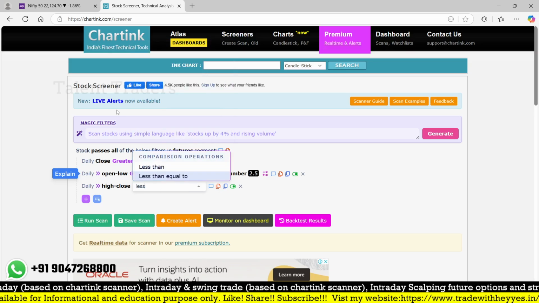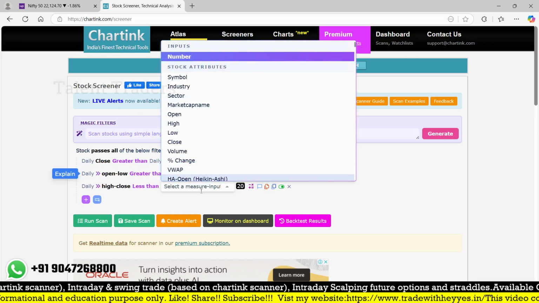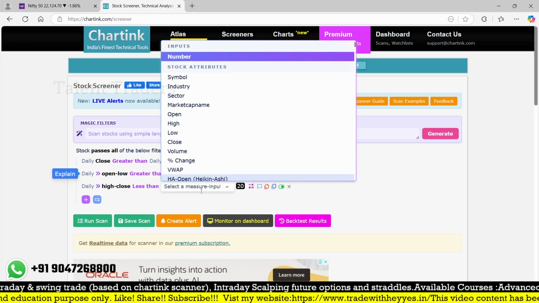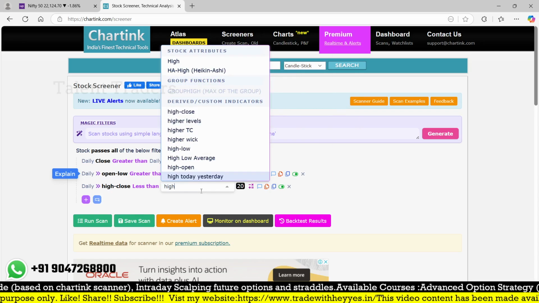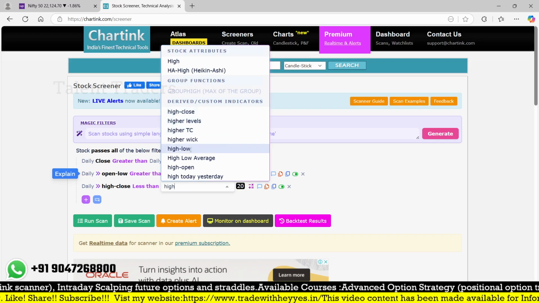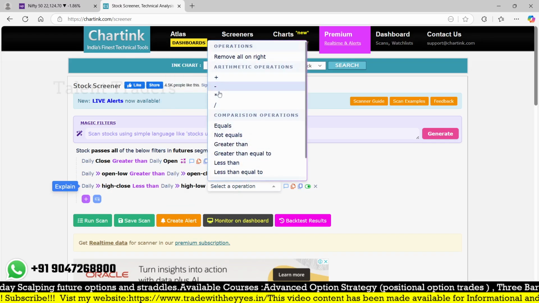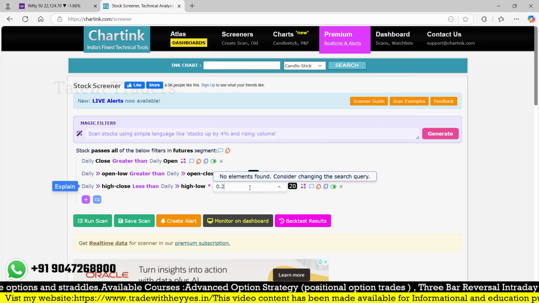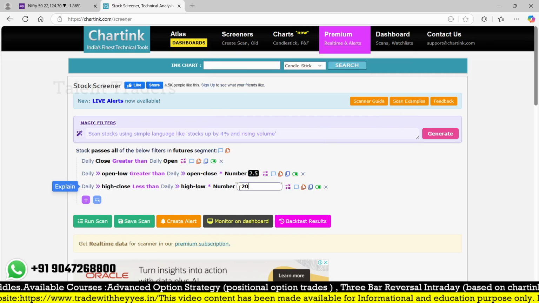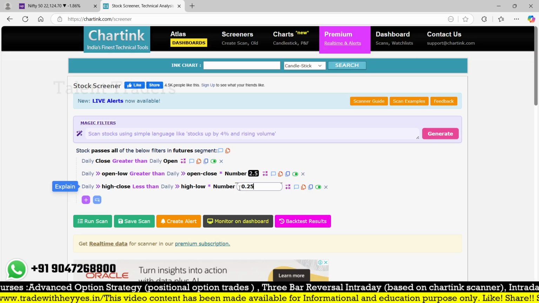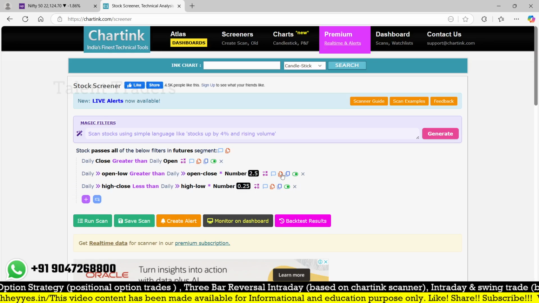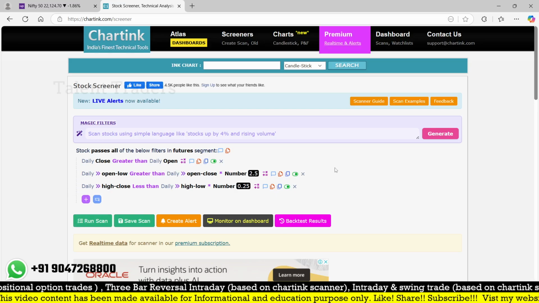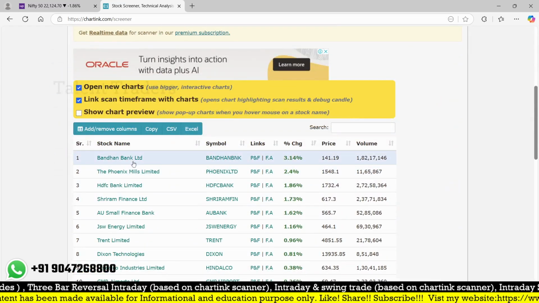In this case we are looking for a small upper wick, so high minus low into 0.25, and this will fetch the stocks with a very small upper wick.